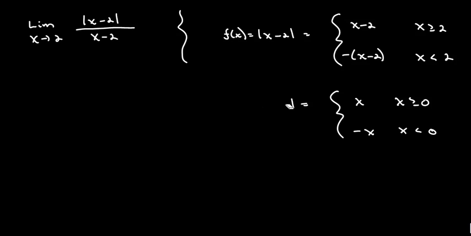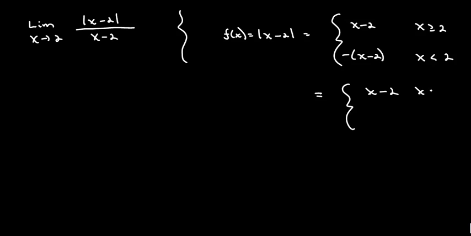Now let me erase this down here as well. I'm not going to rewrite it, I'm just going to leave it the way it is. We'll be able to play around with that. So let's call this guy over here g of x.